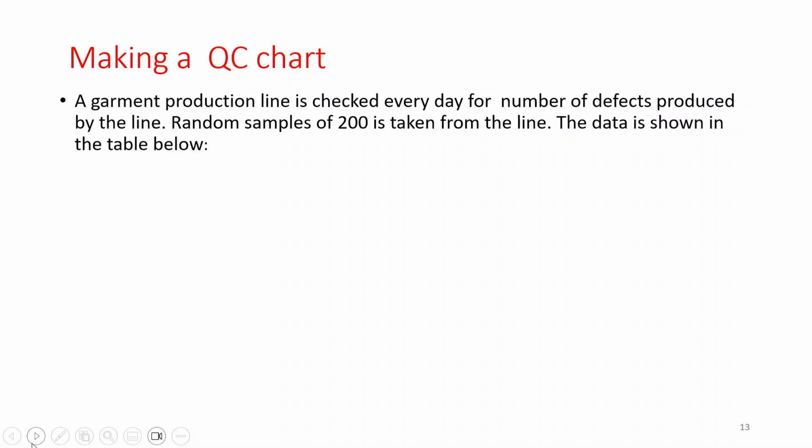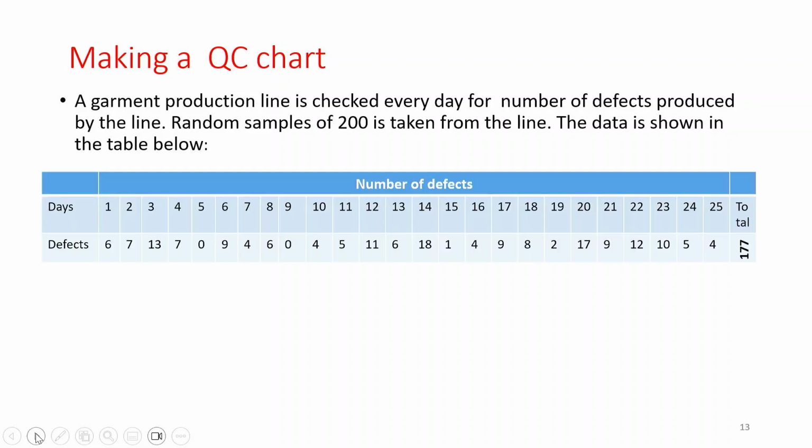Now, in an example, a garment production line is checked every day for the number of defectives produced by the line. A random sample of 200 is taken from the line and the data is shown in the table.